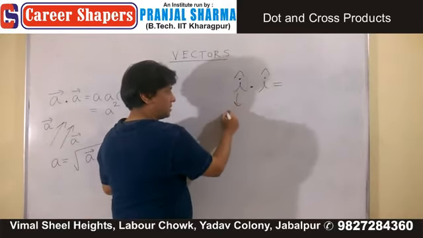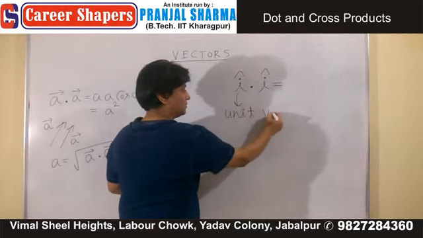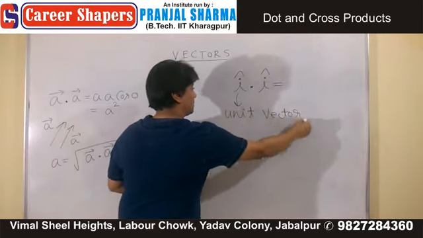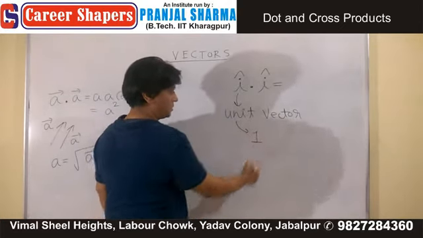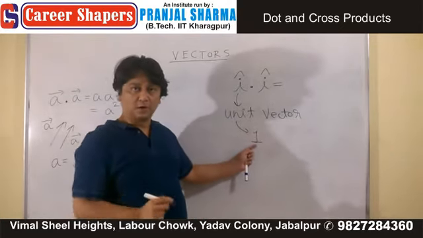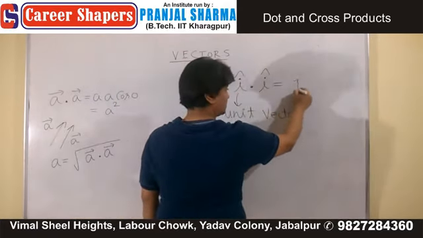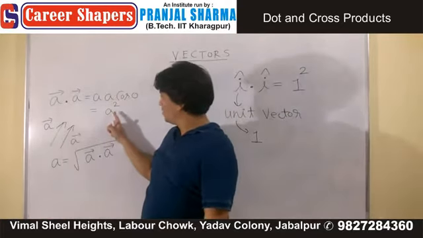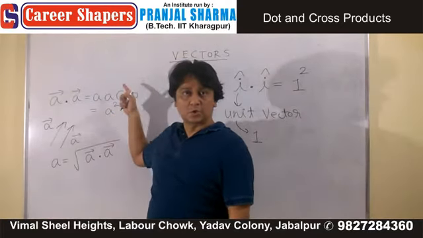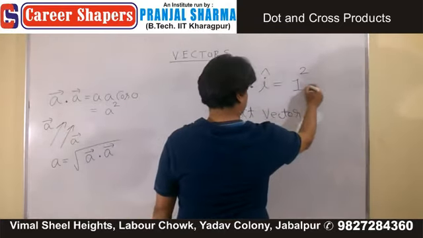This i cap is a unit vector. What's the meaning of unit? Unit means 1. So if they give you i cap dot i cap, then this is simply 1 square, magnitude square, which is 1.